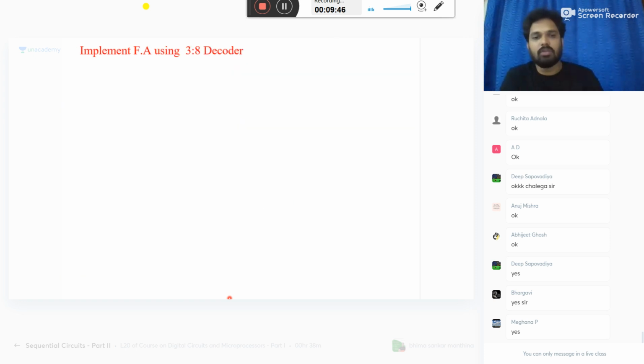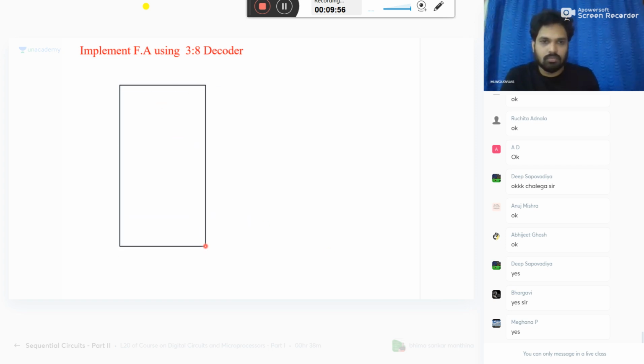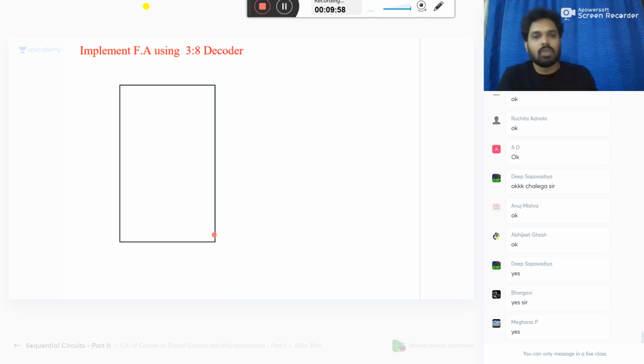So let me try to implement full adder using your decoder. You have three inputs and 8 outputs.